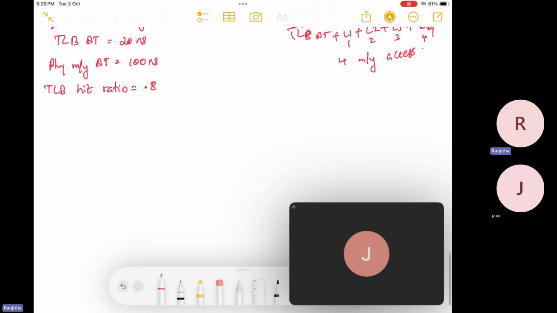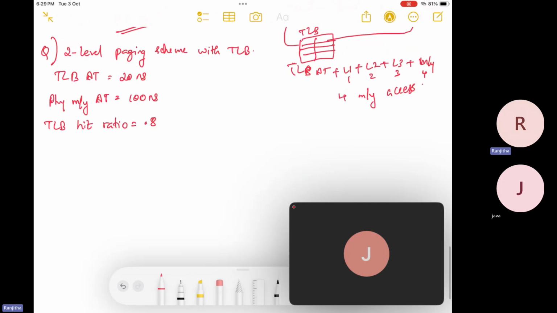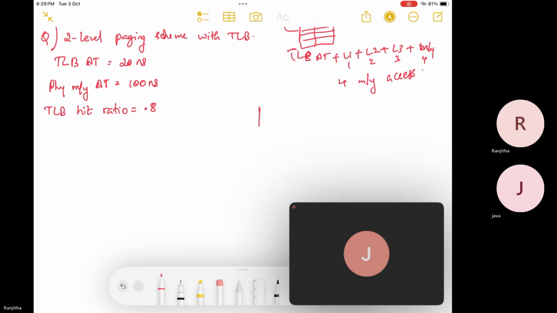If I had only 2 levels of paging, that is level 1, level 2, and then the physical memory, that is the frame, then this accounts for one memory access time, this for another, and this for another.